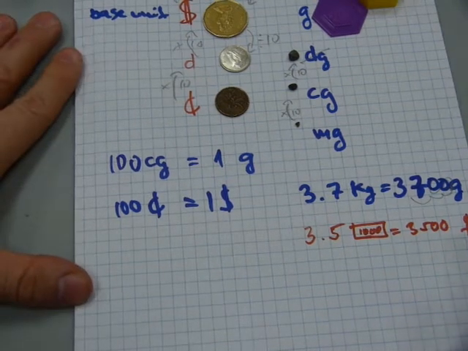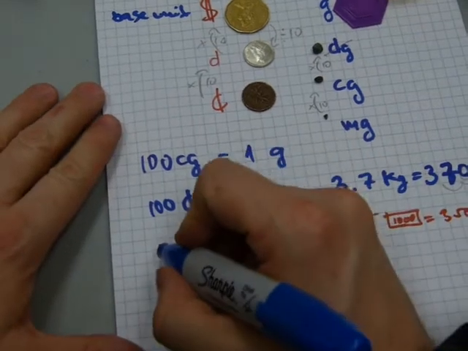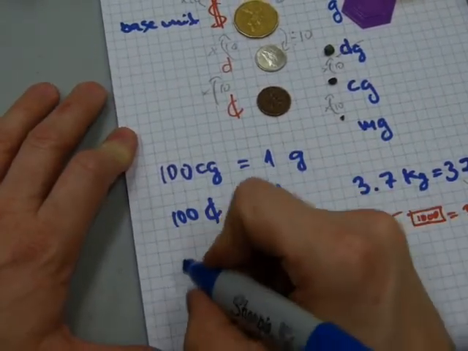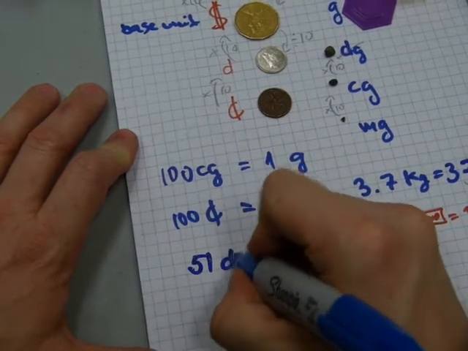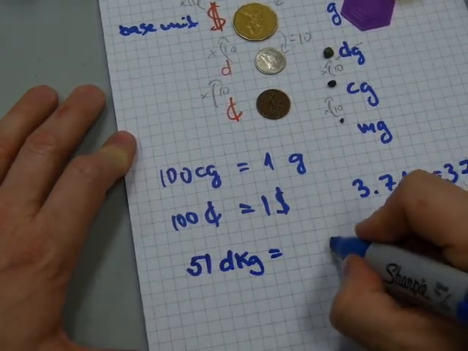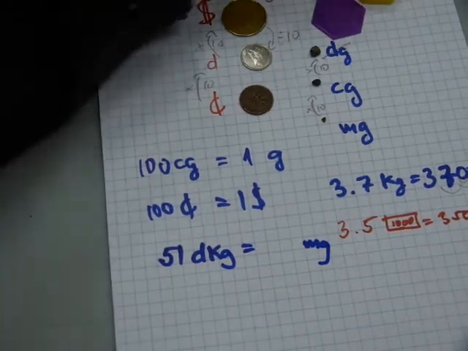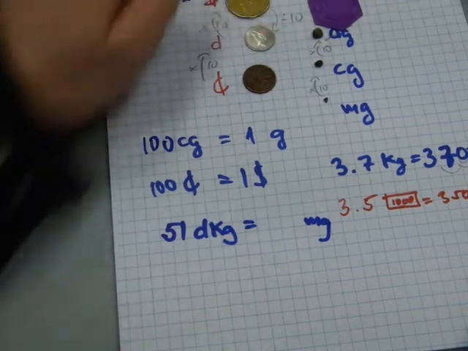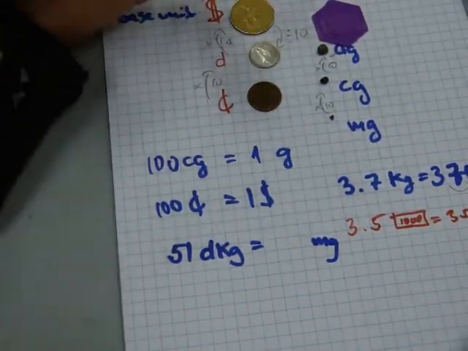The last one. How about decagrams? Say 51 decagram equals how many milligrams? 51 decagrams, here's a decagram, equals how many milligrams? Now we have to take a look at how many multiples of 10.